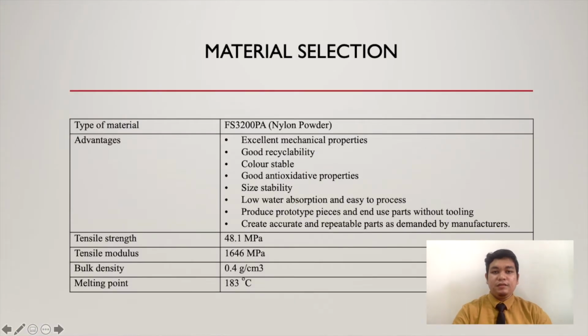For the material selection, I will use nylon powder with code FS 3200 PA. There are several advantages of this nylon powder, such as good recyclability, good antioxidative properties, size stability, low water absorption, and it is easy to process, and much more.